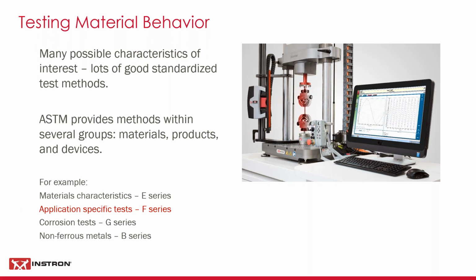I've put at the bottom of this slide, for example, mechanical characteristics of metals are usually covered in E-series standards. A lot of biomedical tests, even materials tests for biomedical applications, actually come under the F series, and they are deemed application specific. But you also have corrosion tests, which are going to be important in other aspects of device development work on metals, and they come under G series.